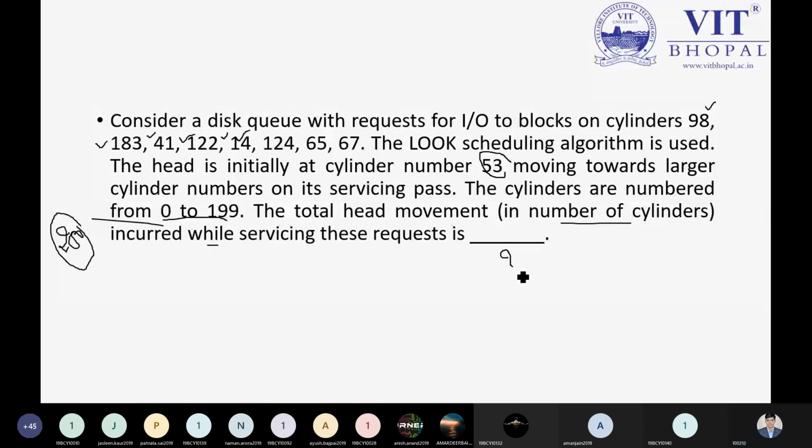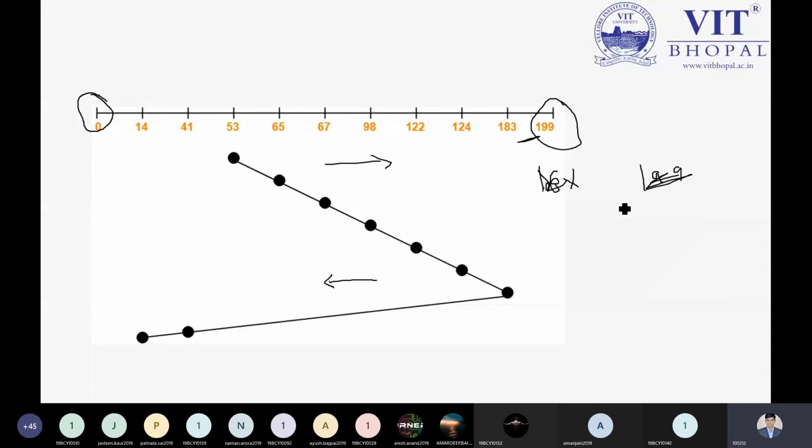Now this is the solution of the LOOK algorithm. So this is an example of the LOOK algorithm. We are not going to this part, 183 to 198, and the same thing, we are not going to this part as well. So we are avoiding this part.